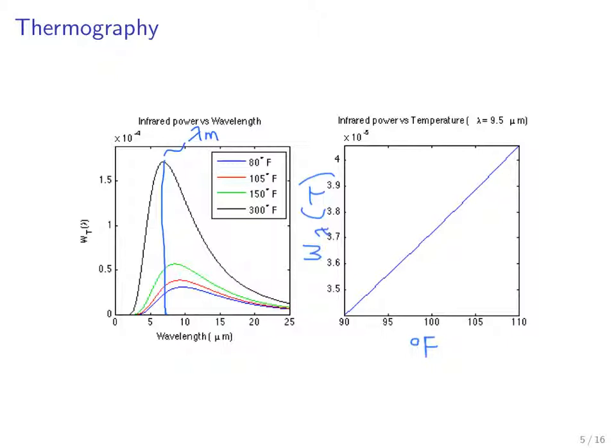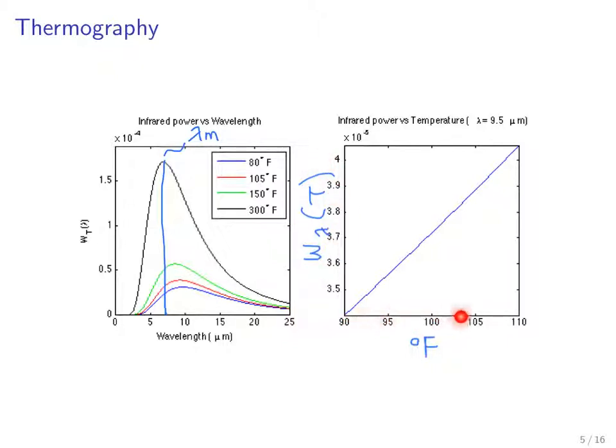Okay. On the other hand, now the second approach, of course, is to just fix your wavelength. So that's what I've plotted on the right-hand side, is the W sub lambda of T, where I've fixed lambda, the wavelength, and then plotting the function as a function of temperature.